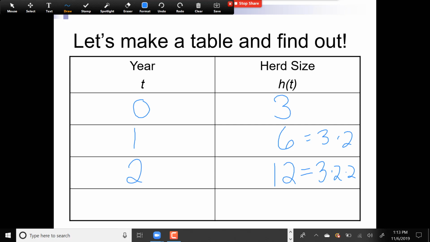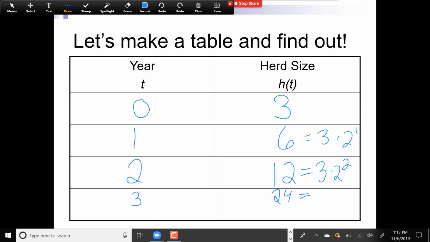Or if we want to use exponents instead, I could write this as 3 times 2 to the second, which means the one right above it could be 3 times 2 to the first. Now, the next year, year 3, these 12 alpacas will all have babies, and we'll get 24.